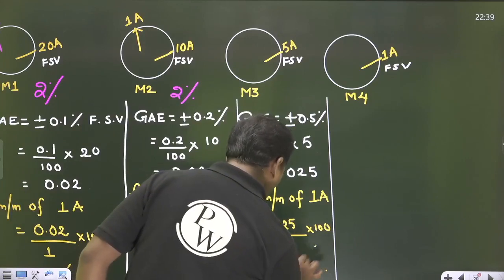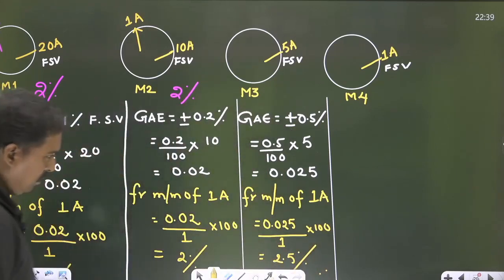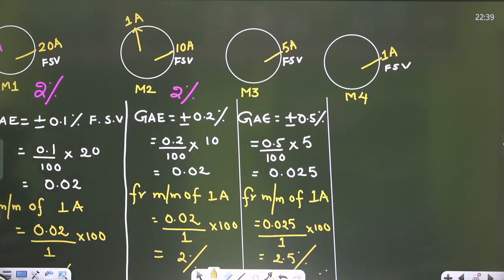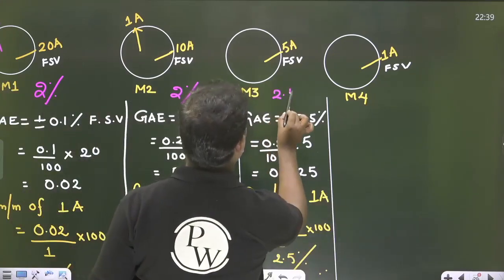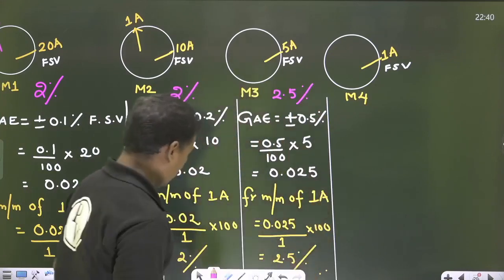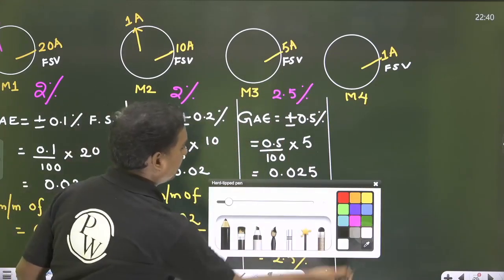Yes, 2.5, right? 0.025 into 100, so that is coming as 2.5%. So this error is coming as 0.5. So let us move to the next.